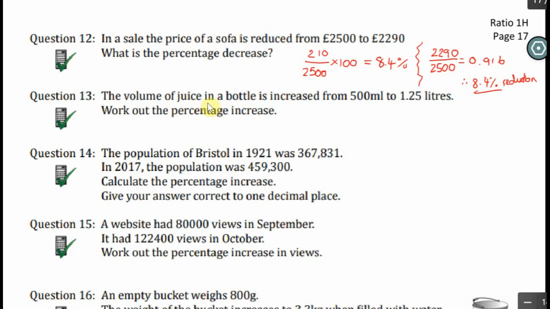Okay, volume of juice in a bottle is increased from 500 millilitres to 1.25 litres. So I'm going to do 1250 because that's turning it into millilitres, divided by 500. Now this should actually be more than a 100% increase, because if you think about it, if we increase this by 100%, we would double it. Then that would give us 1 litre.